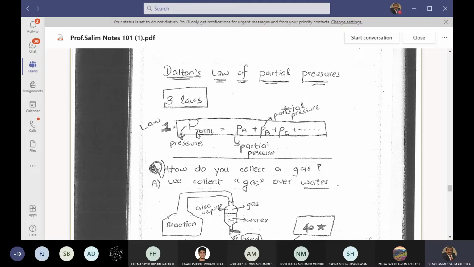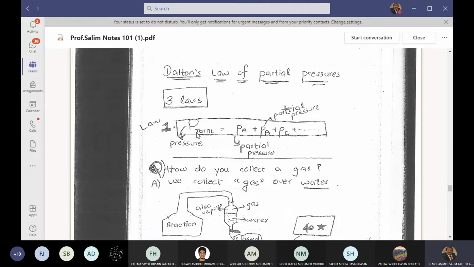Suppose the air pressure in Bahrain today is 1 atm. But you know from high school that air consists of nitrogen gas, oxygen gas, carbon dioxide gas, and maybe some other pollutant or gas.